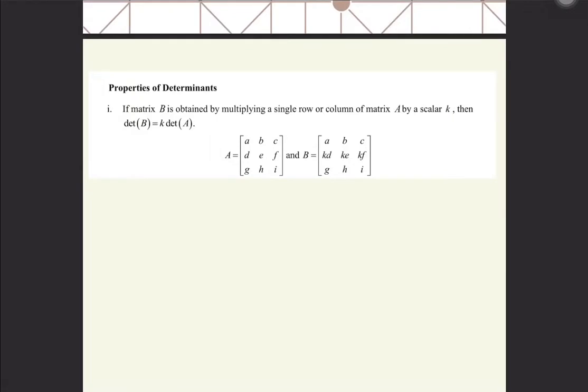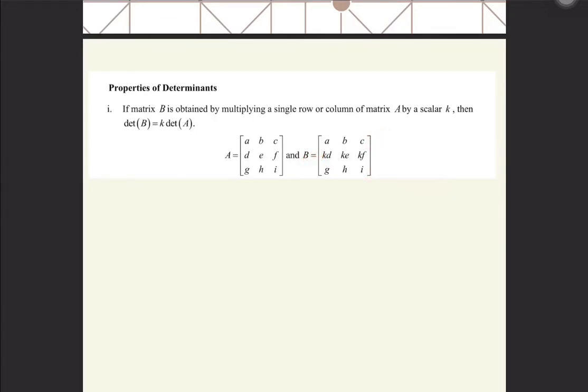For the first property, if matrix B is obtained by multiplying a single row or column of matrix A by a scalar K, then the determinant of matrix B is equal to K times the determinant of A. As you can see here, matrix B is formed by multiplying the second row of matrix A by a scalar K, while the first row and the third row remain unchanged.